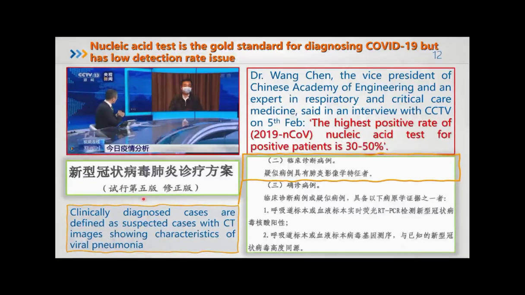It allowed cases only in Hubei province to be diagnosed clinically, such as CT images showing characteristics of viral pneumonia. So on February 13th, 2020, more than 13,000 new clinically diagnosed cases were abruptly added to its total count in Hubei, leading to a sharp uptick in total confirmed cases.